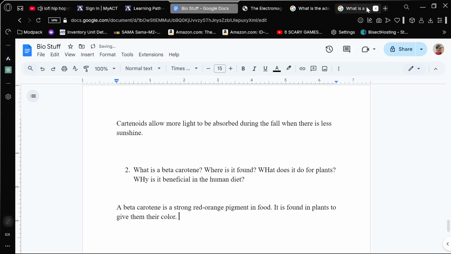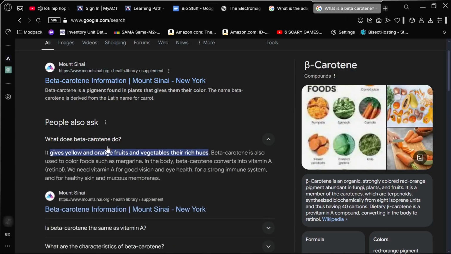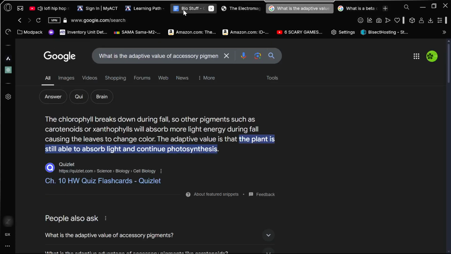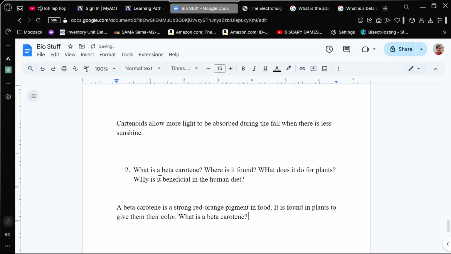What does it do for plants? Beta carotene converts into vitamin A, which is good for eyes and other things in the human body.